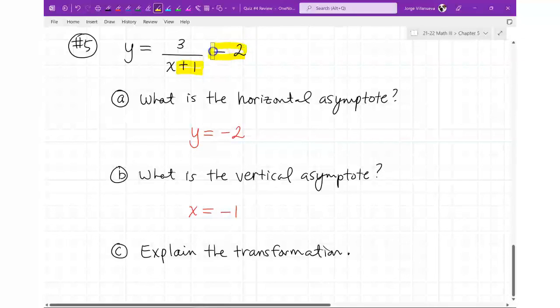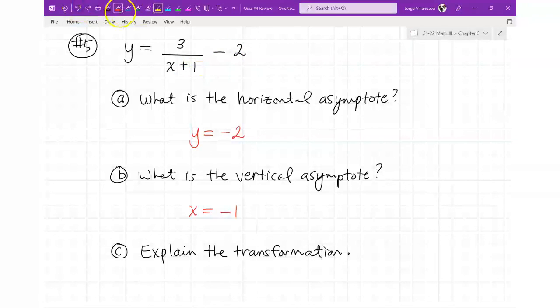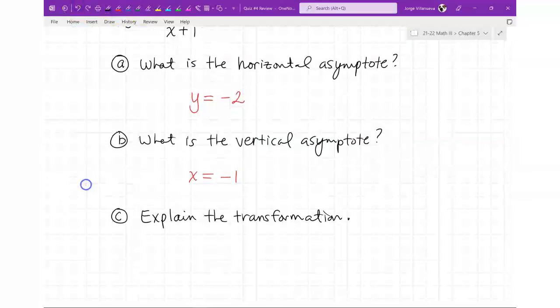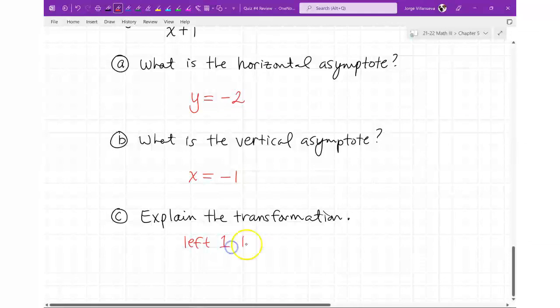What does that tell me? A down twice, right? I just wanted to highlight because I'm not sure if you guys were seeing what I was looking at, so just to be obvious there. So you're going to say it goes left one time, down 2 times.